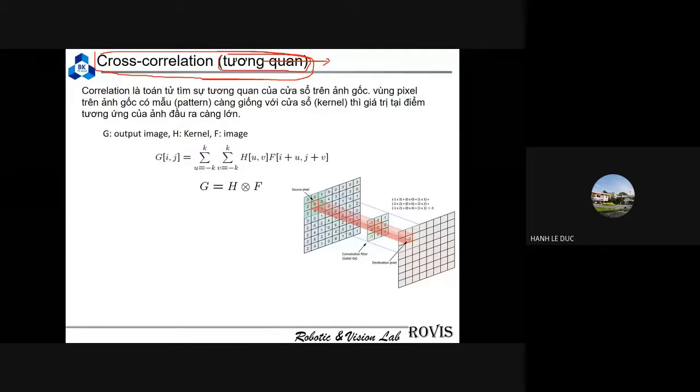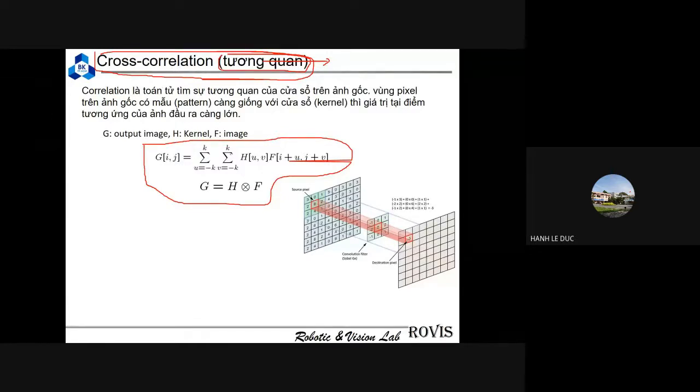It finds the similarity between two matrices, right? So they apply this equation to find it. The symbol of cross correlation is this one, like the lamp in the electric symbol, right?